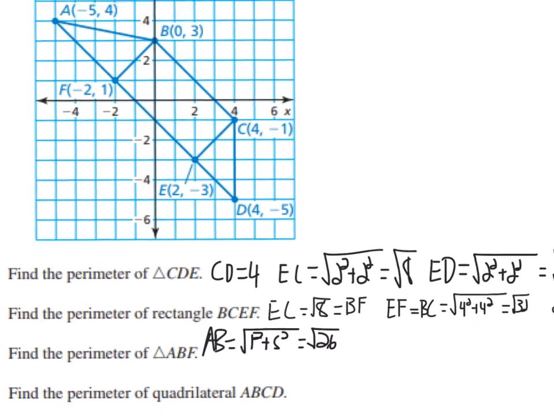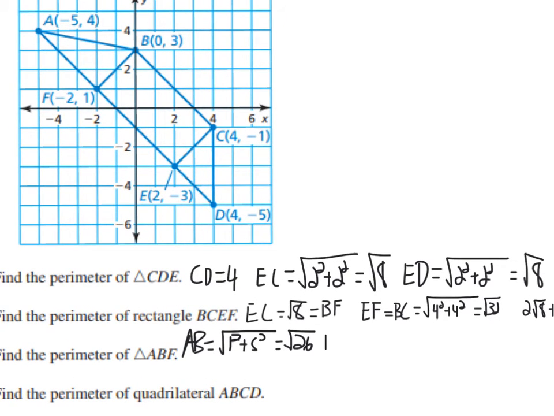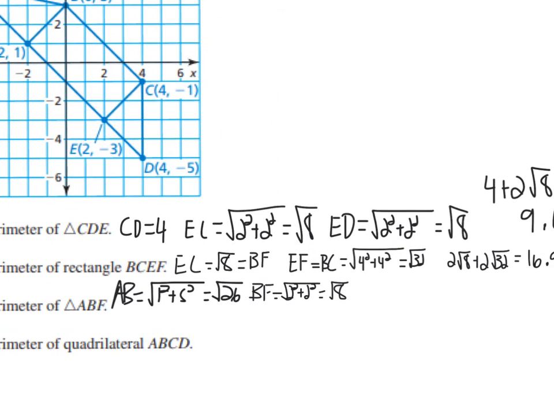Now let me do BF. BF as a radical would be, let's see, the legs would be 2 and 2. So 2 squared plus 2 squared, oh, I had that above, that would be the square root of 8. And AF is last.